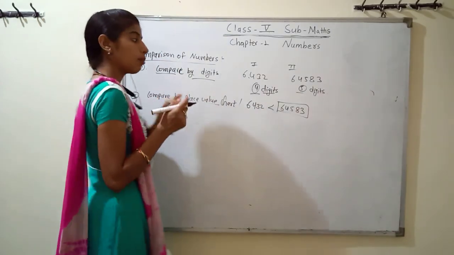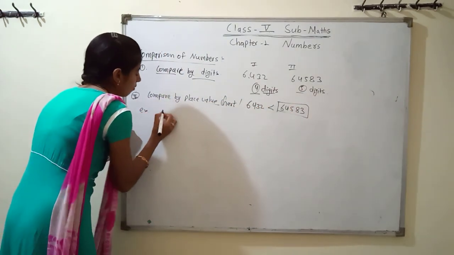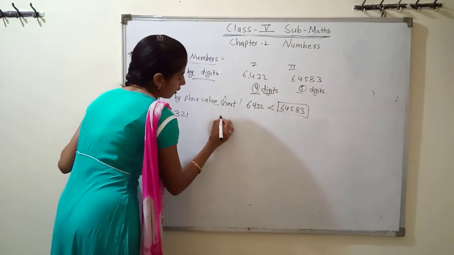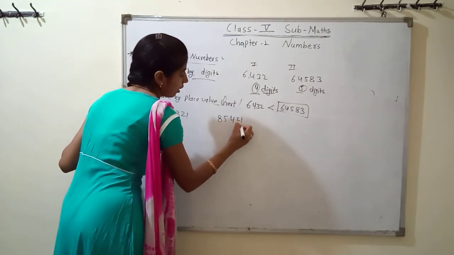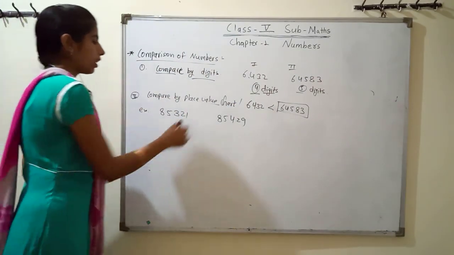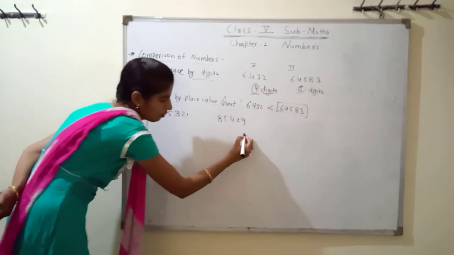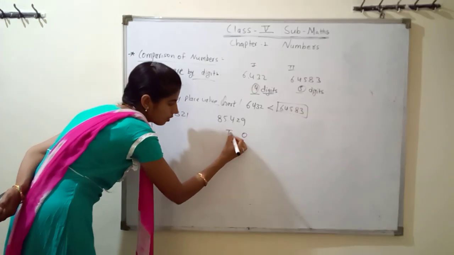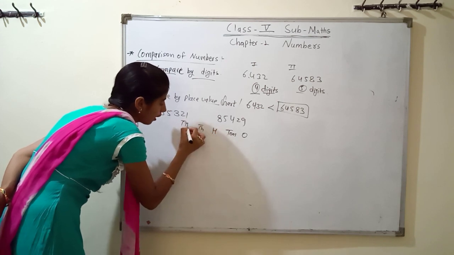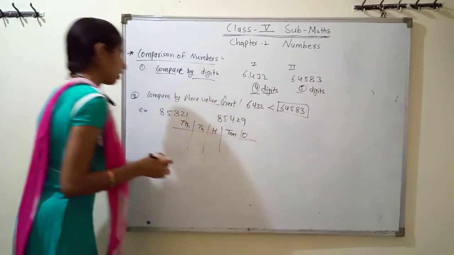If both numbers are given as 5 digit numbers, for example 85,321 and 85,429, then I make a table. First, the total number of digits is 5. Starting from ones, tens, hundreds, thousands and 10,000, we make the index.